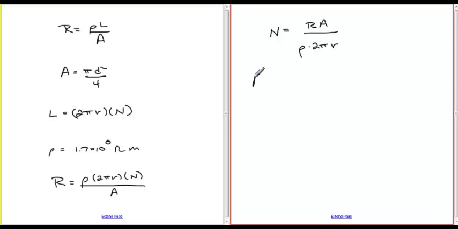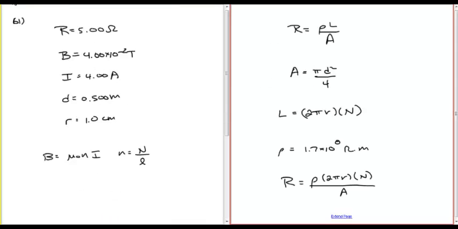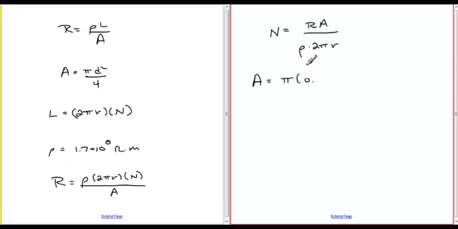So let's calculate the area. The area is pi times d squared divided by 4, where d was half a millimeter, I think. It's going to be a small number.